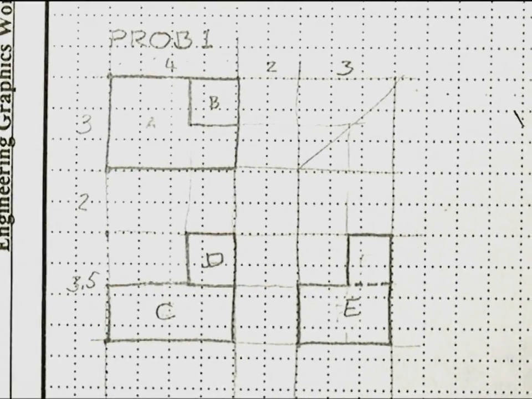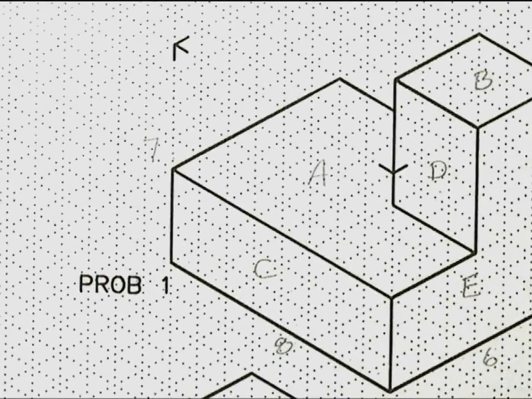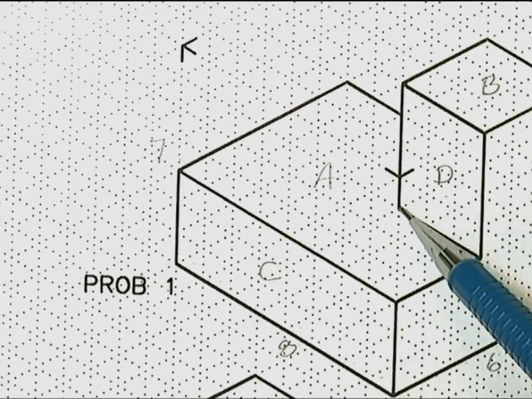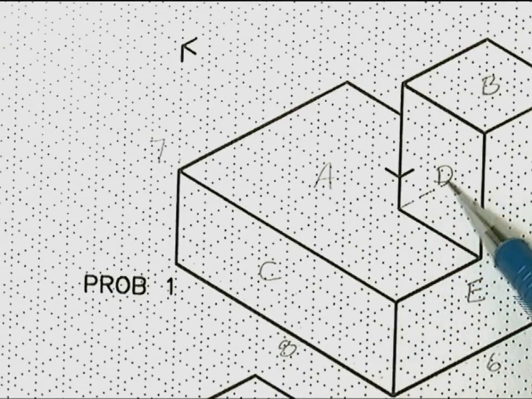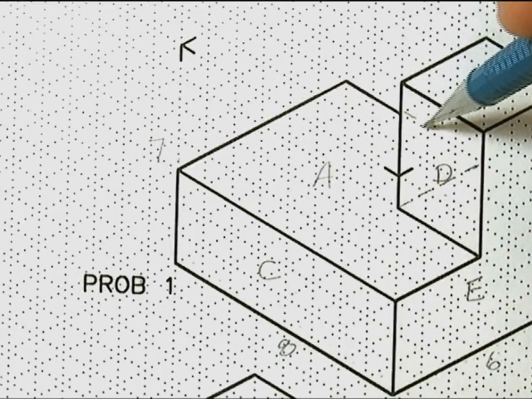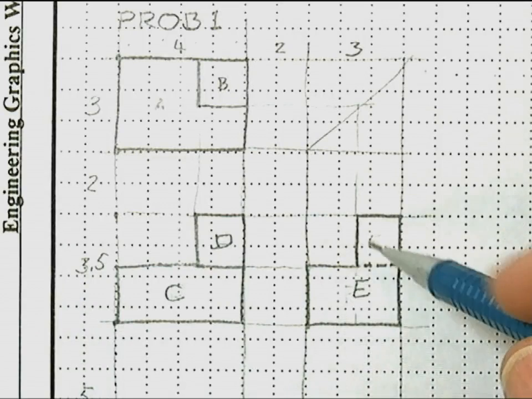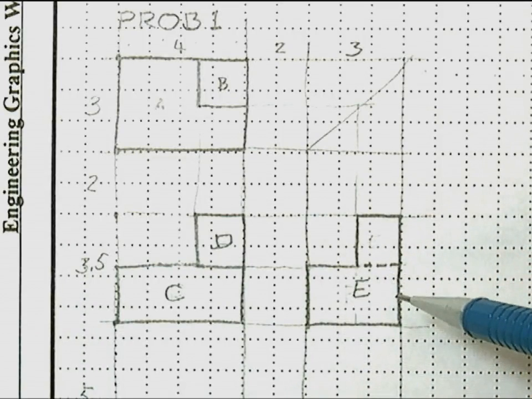So your problem 1 should look like that. Have a visible edge here, as you see on the problem. And then there is a hidden line back here. So in the right side view, we show a hidden edge.